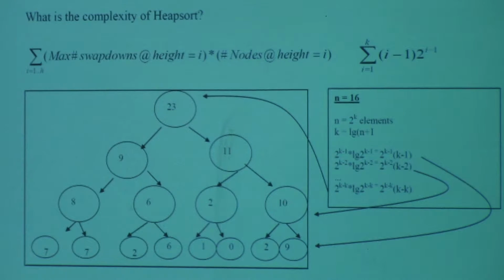If the value is 10, then I'm going to compare it to make sure it's less than its parent. And as I compare it, it's not. So that 10 exchanges with the 7. That 10, because it's bigger than the 8, goes up and swaps with the 8. And then because the 10 is bigger than the 9, it swaps with the 9. The 9 goes down, the 10 goes up, and now it's fine.